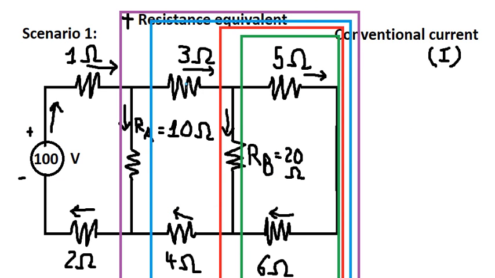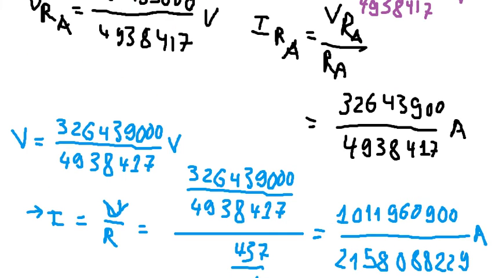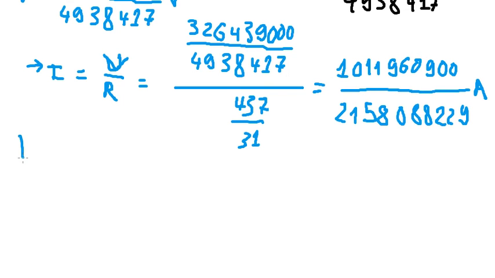So inside the blue, we can see that the 3 ohms, 4 ohm, and the red one are in series. So I of the red one in here equals this number in here.